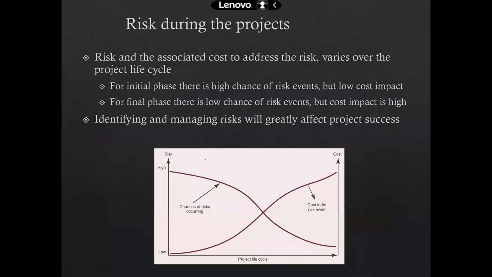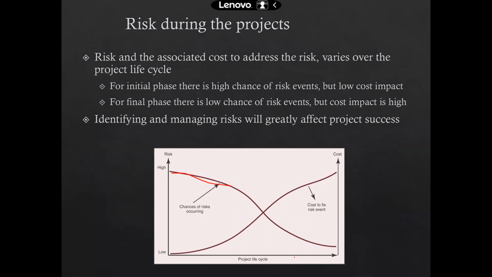When we go through the project life cycle, in the beginning of any project, the chances and the occurrence of the risks are very high. If you look over here, over the period of time, over the project life cycle, the amount of risks and the chances of risks to occur goes low.